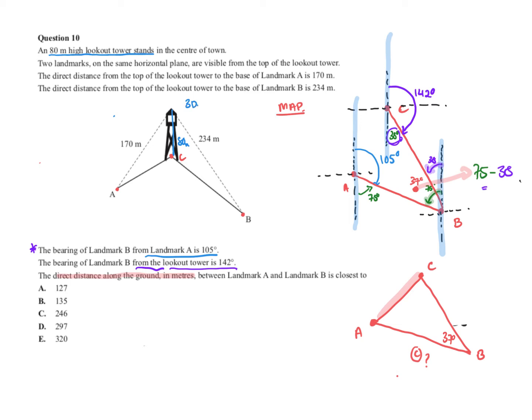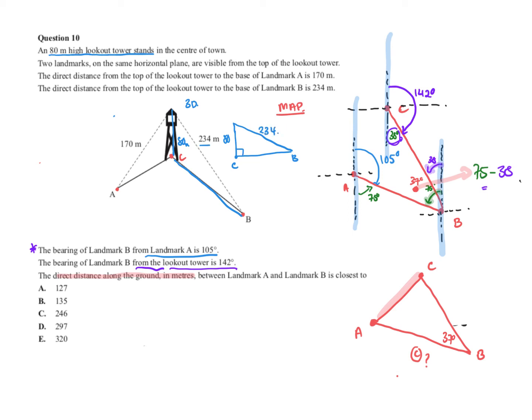So if I drew just this scenario where the bottom of the tower is C, and the tower is 80 meters, and we come out along the ground to B, and if you join them directly, they told me it was 234.